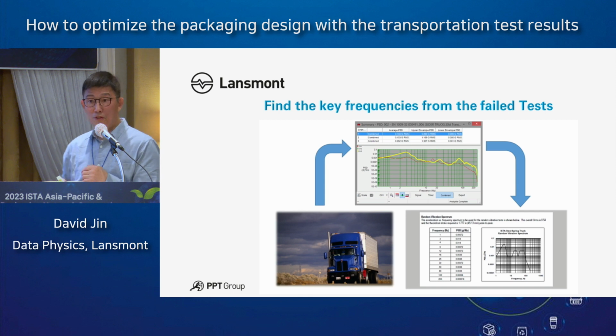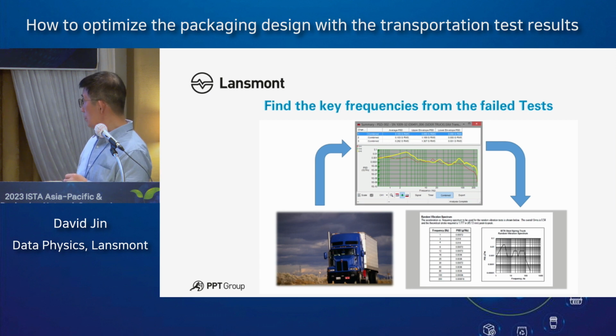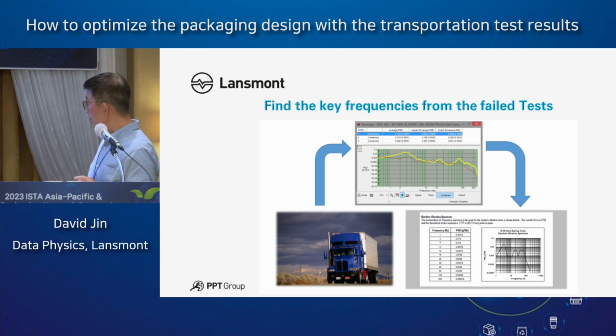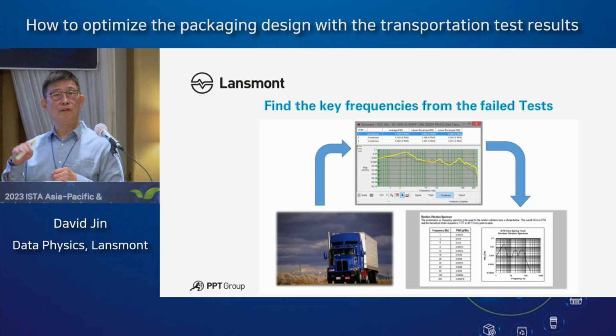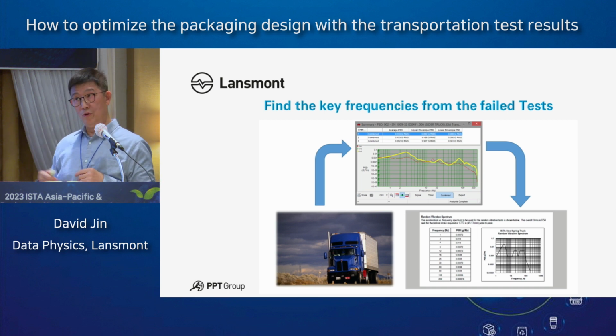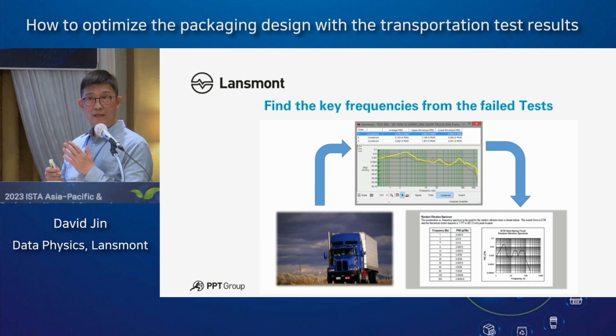But sometimes you have standard testing which covers different frequencies, like this one. ISTA pickup and delivery has 1, 2, 3 flat peaks. So during those 3 peaks, you are in the dangerous zone. So avoiding that frequency is the key.